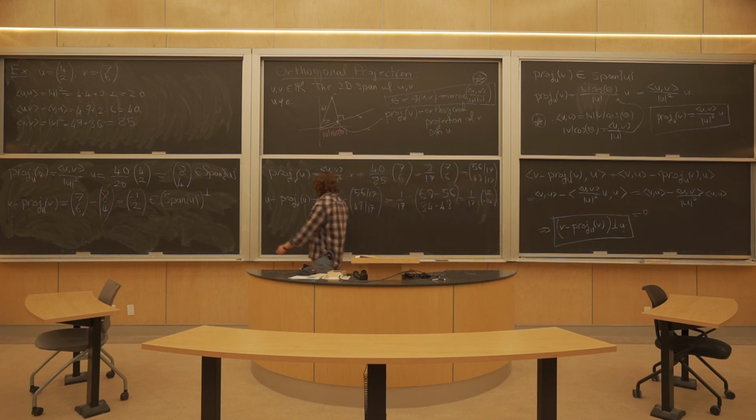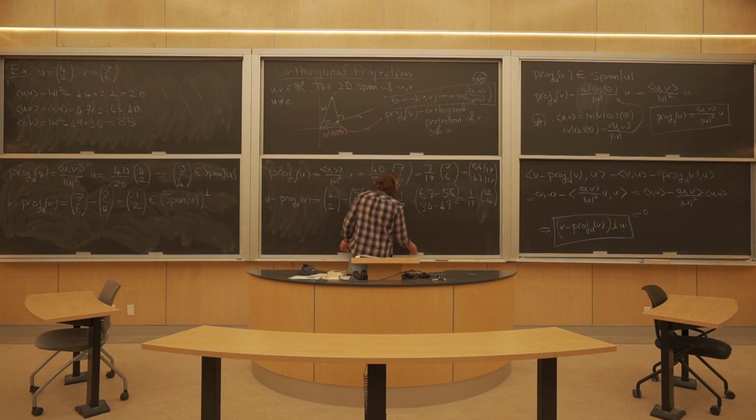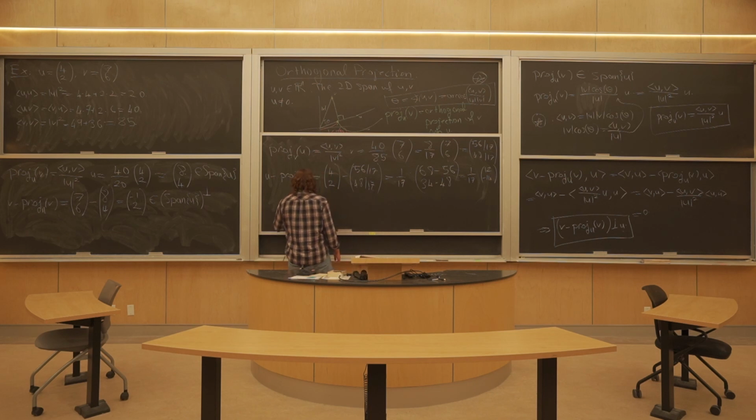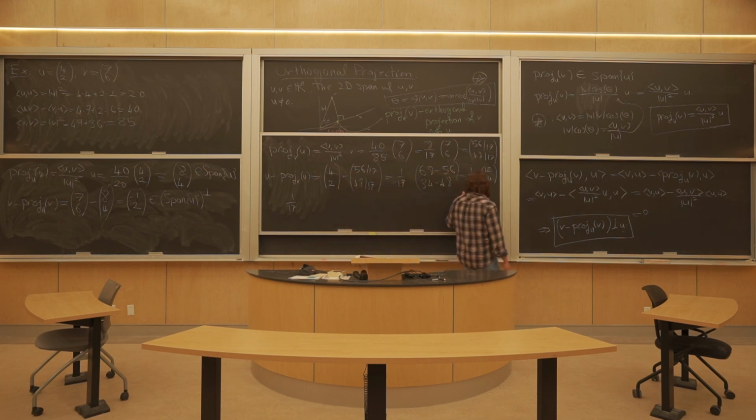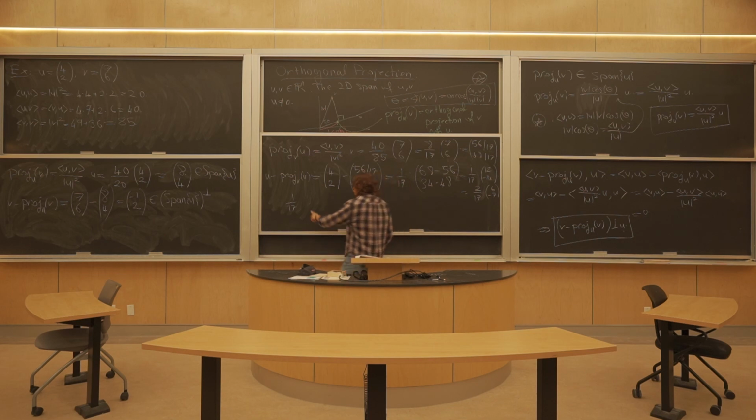Okay. Now let's check that indeed this vector, which is this, is perpendicular to V. Yeah, I can write this like this too. I can take a 2 out, 2 over 17, and then 6 minus 7. So this vector now becomes 2 over 17 times 6 minus 7 in the first entry.